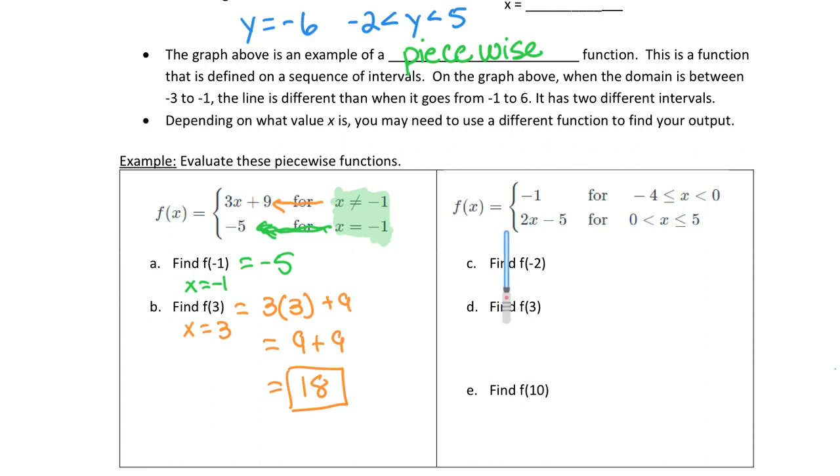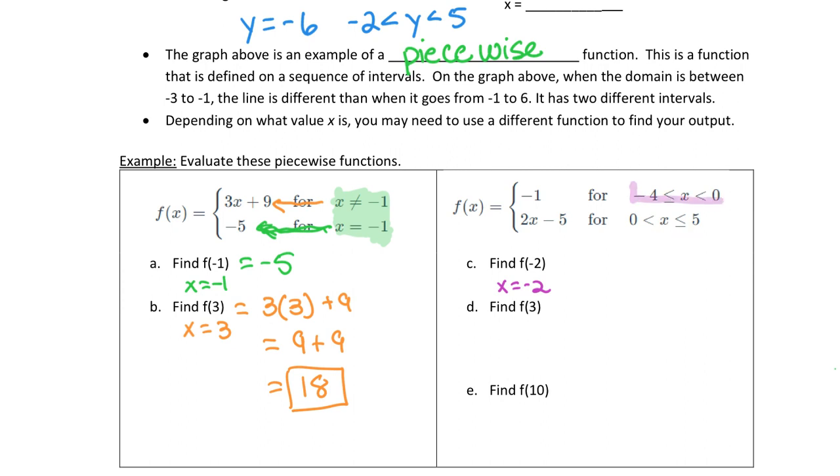All right, let's look at this new function over here. I've got 3 examples, and now you can see that we've got ranges of values. So we're going to find f of -2. What that means, of course, is that our x value equals -2. When I look at my function here, -2 would fall between -4 and 0. -2 does not fall between 0 and 5.